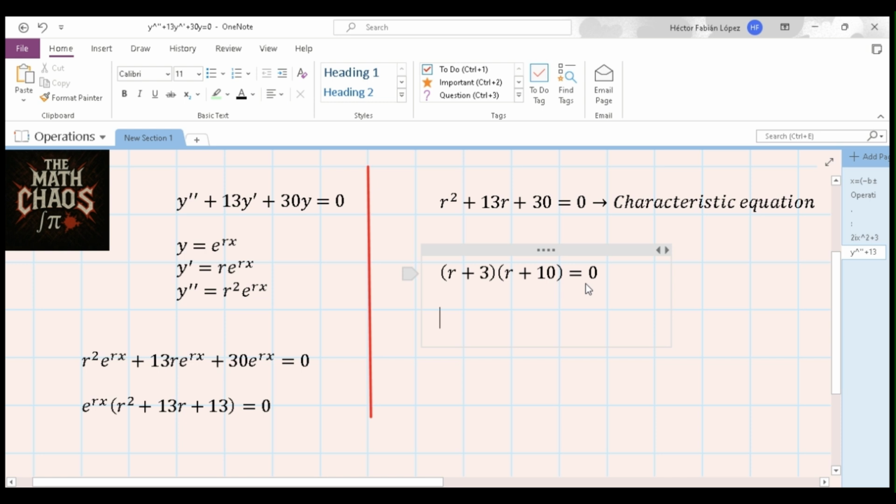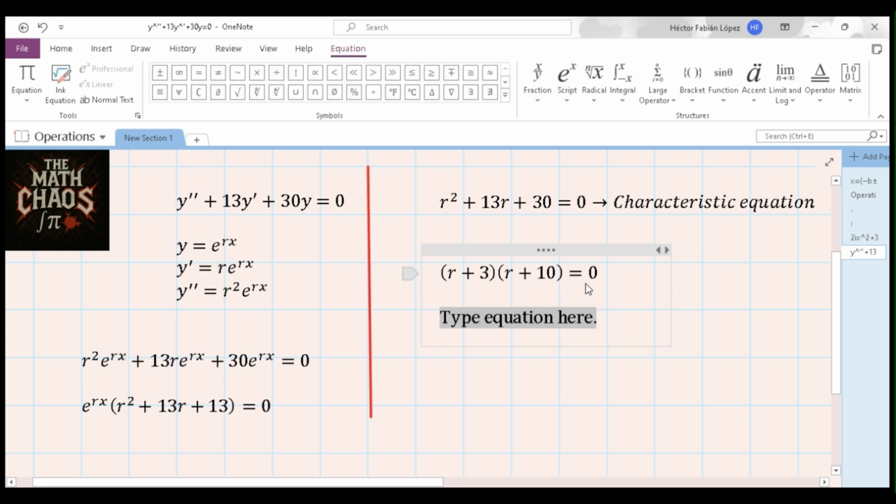Then the values of r will be r1 equal to negative 3 and r2 equal to negative 10.